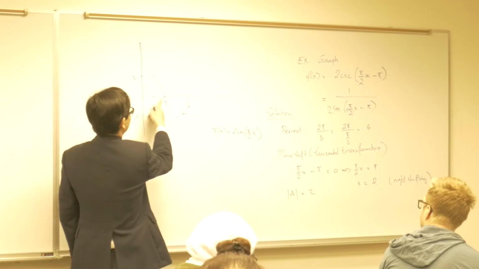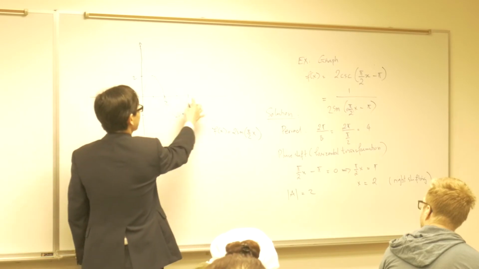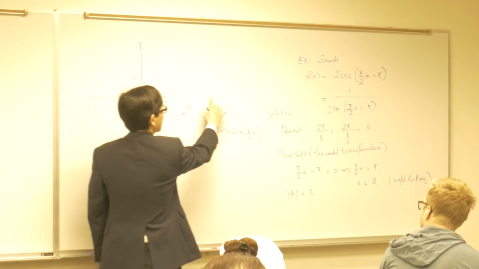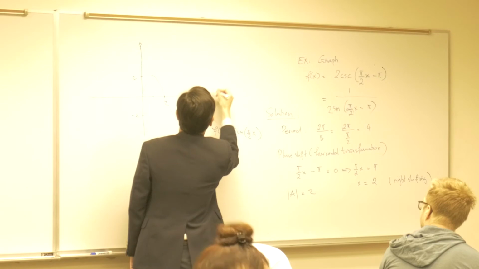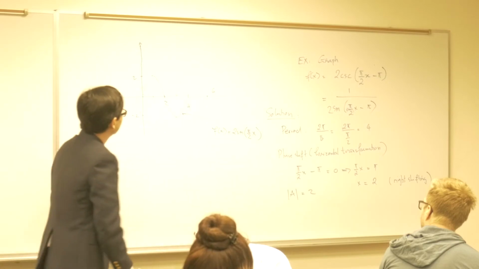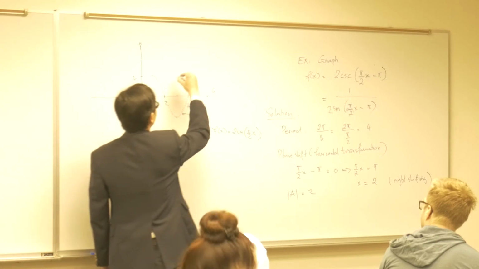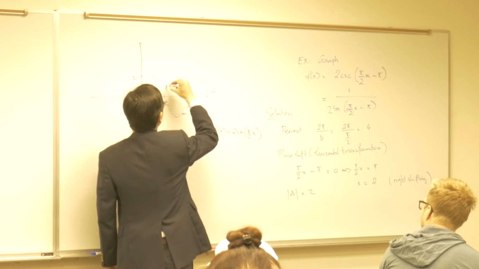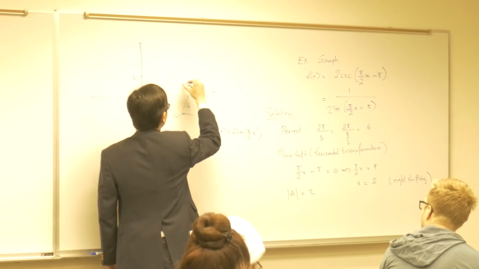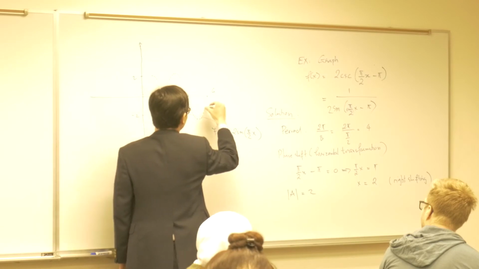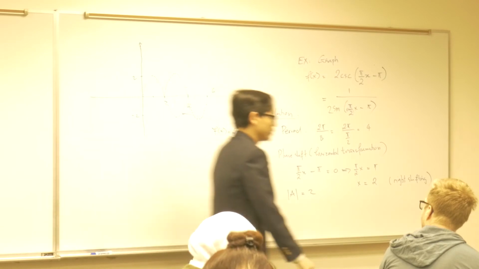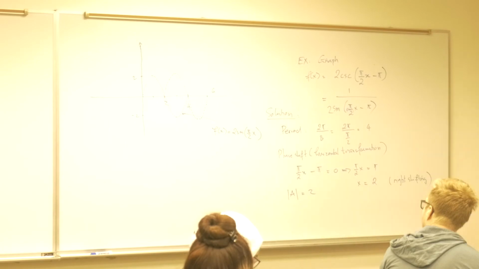This one becomes that, and 4 becomes 6. Okay, 4 becomes 6. So it becomes like this, right? Here you go. I already shifted 2 units to the right.